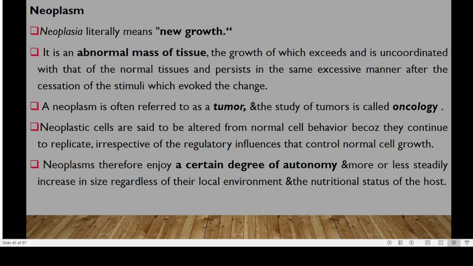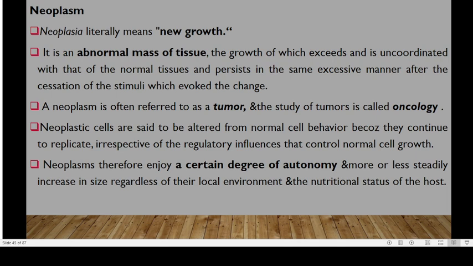It is an abnormal mass of tissue, the growth of which exceeds and is uncoordinated with that of the normal tissue. So it persists in the same excessive manner after the cessation of the stimuli which has evoked the change.